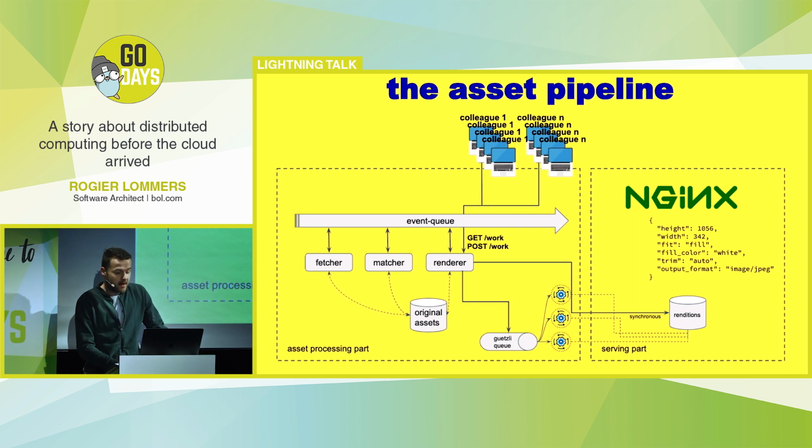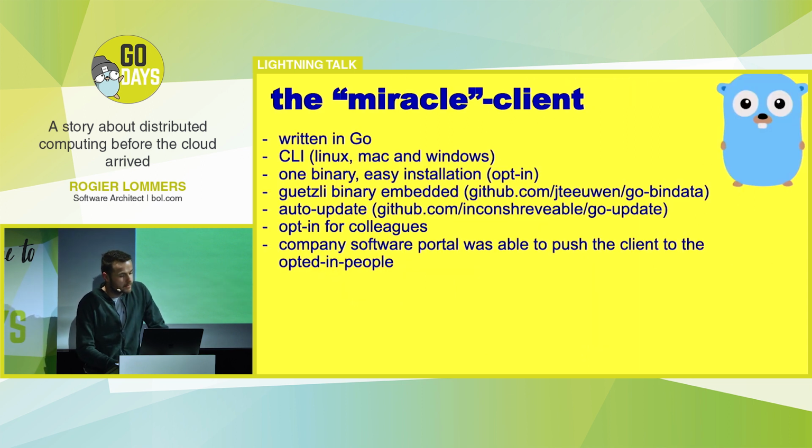So let me explain how I created this client. This is where Go comes in handy, because not all colleagues have MacBooks. We also have Linux and Windows machines, and Go cross-compiling makes it easy to produce binaries for these platforms. Also, because the outcome of the compiler is just a single binary, it's very easy to install on their laptops.